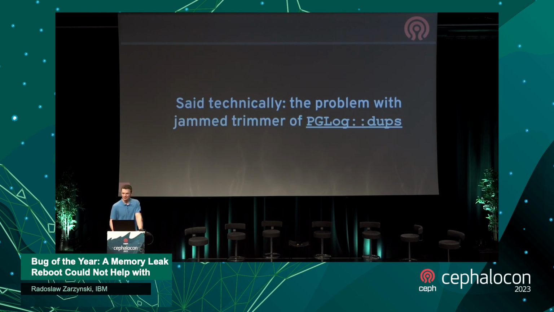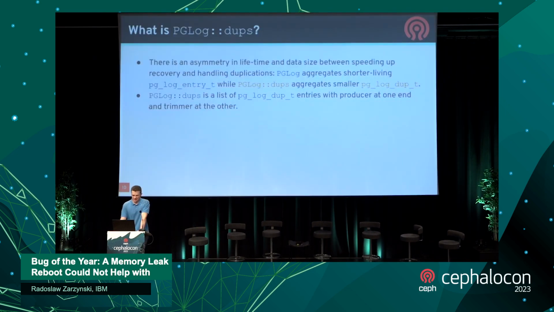And by the way, let's track our progress with the underline. We said that the PG log covers multiple use cases. And there is asymmetry in lifetime and data sizes between them, between speeding up the peering process and handling duplicates.